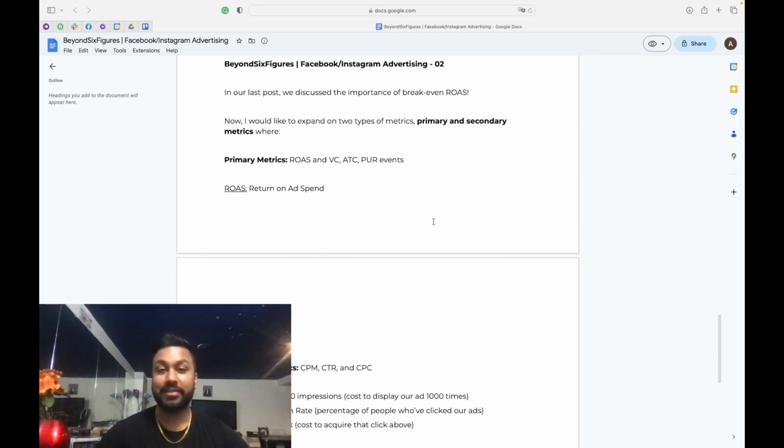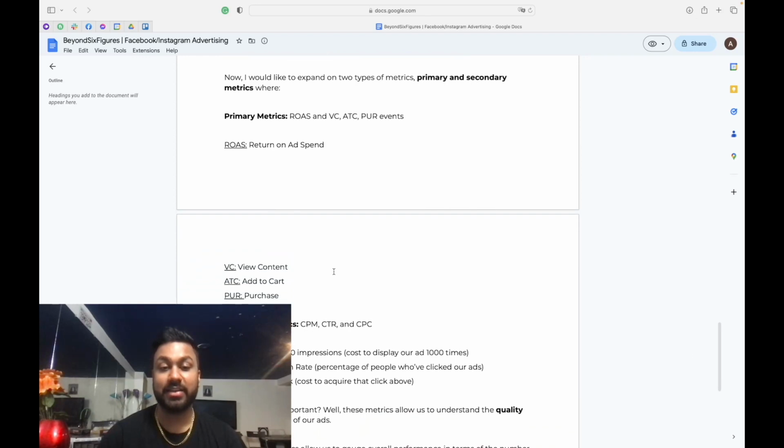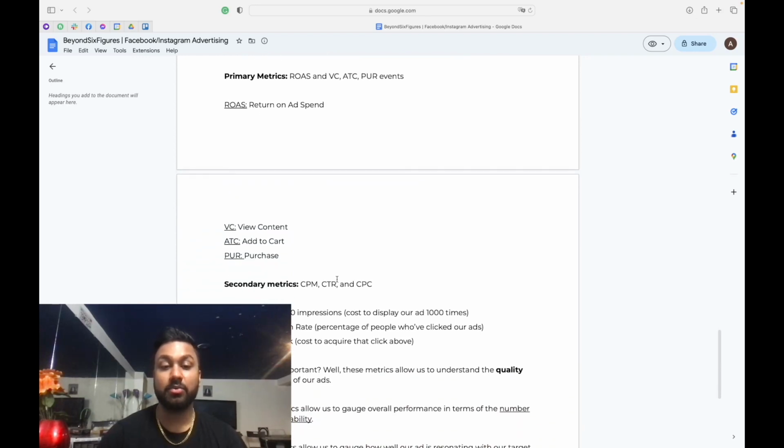Therefore, view content, add to cart, and purchase events are things that the store and the pixel are able to record and redirect to Facebook so you can see it on the Ads Manager dashboard, right? So the return on ad spend is ROAS, VC is view content, ATC is add to cart, and purchase is PUR, right?